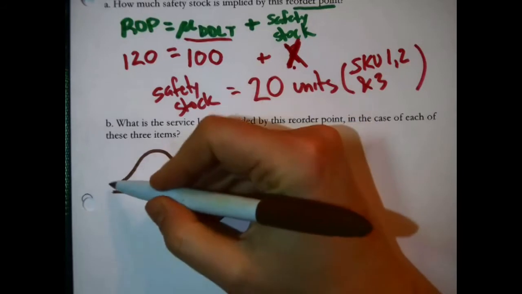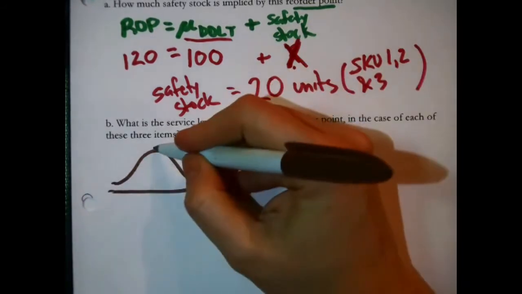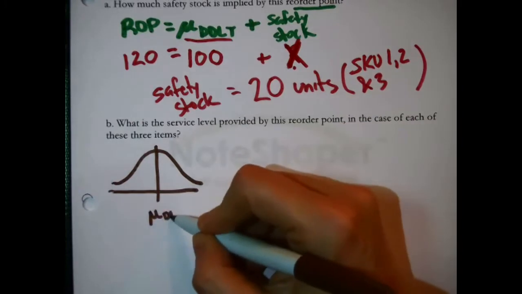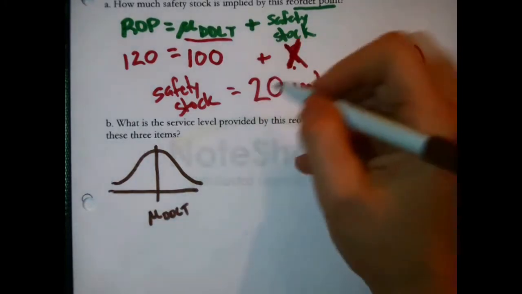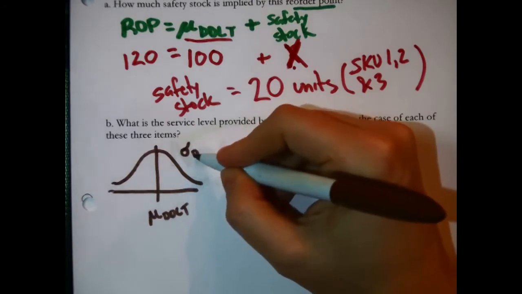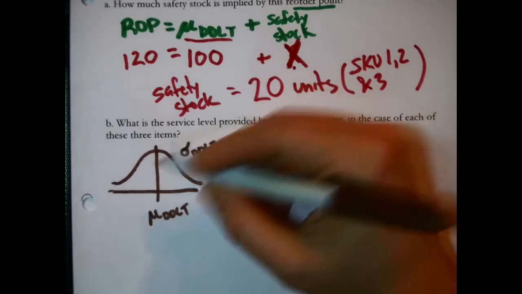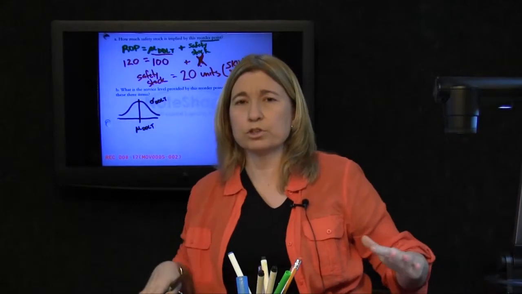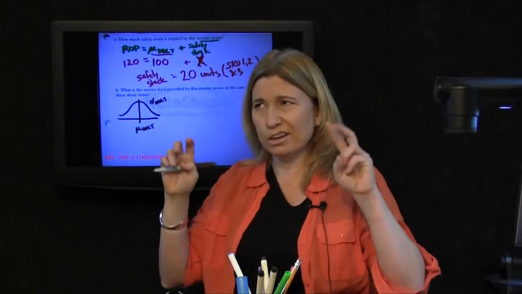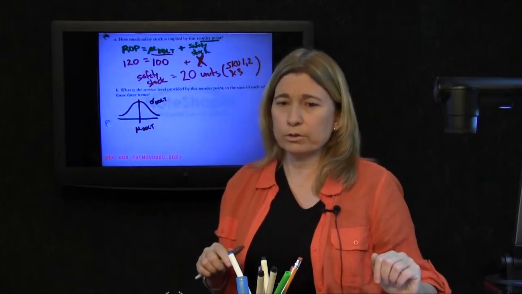That's what I'm trying to sketch here. With a certain average demand during lead time. That's what we've been talking about up here, right? And a certain standard deviation in demand during lead time. That's what basically describes the shape of the curve. So this is in essence an image of demand during lead time.